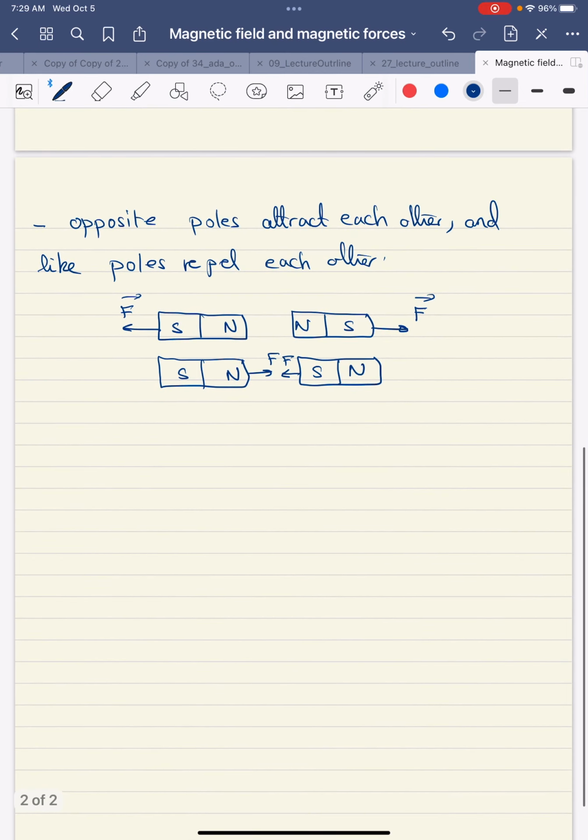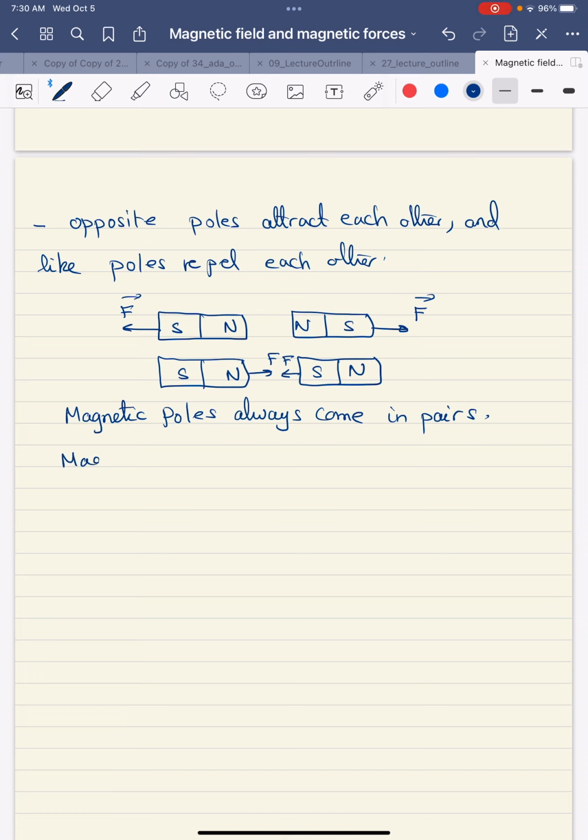Now, also, we need to know that magnetic poles always come in pairs. We cannot separate them, okay? Then we don't have what is called magnetic mono. Mono means one. Monopoles do not exist.